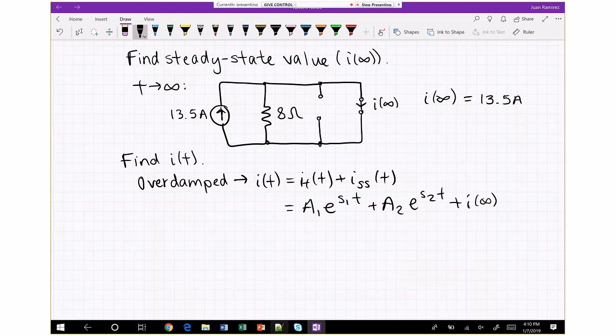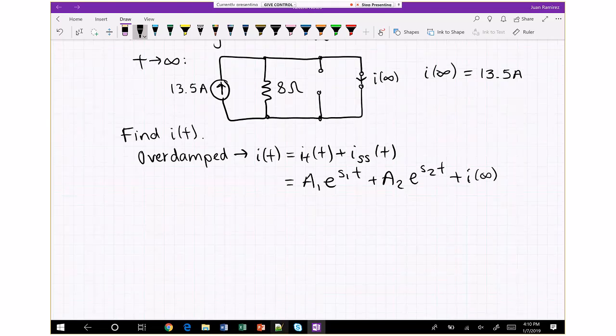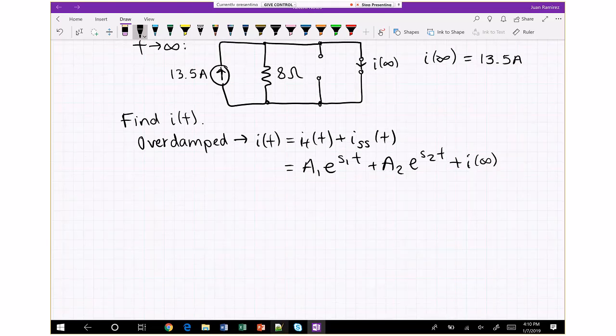So what does that look like? If we plug in the values we know, the characteristic roots, we know the final value.